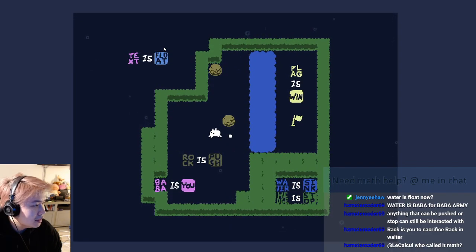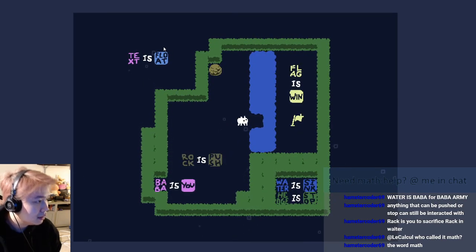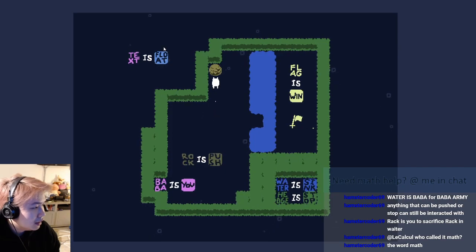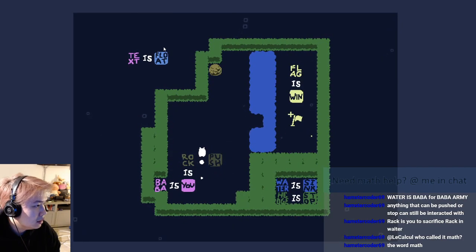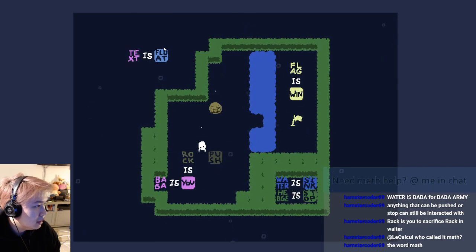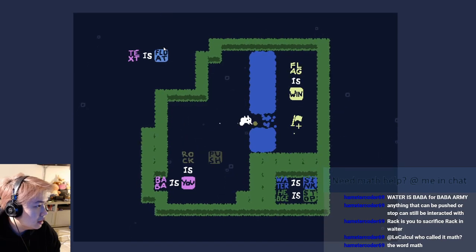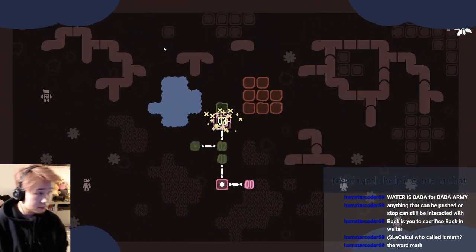Okay, so this is the plan. We are going to make a bridge, sort of. The issue is this rock, I can't push it out. So the idea is, I'm going to make the rock me, and then we can sacrifice the rock. Nice.